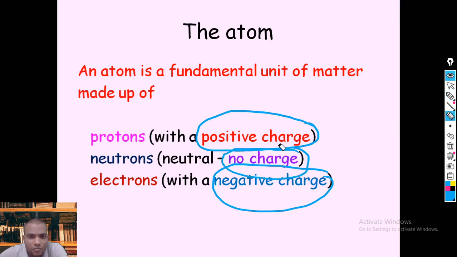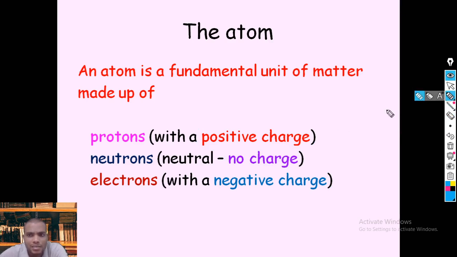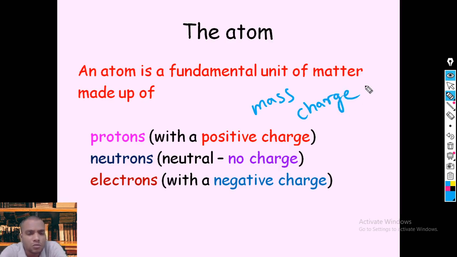Charge is a fundamental property like mass. These two are the fundamental properties. Atoms contain protons, neutrons and electrons. A proton has mass as a fundamental property and has positive charge.